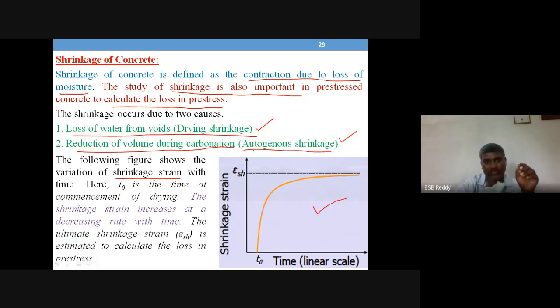There is a graph drawn here, time versus strain. As time progresses, the strain values are becoming constant. You can see this is the strain at the initial stage, and after some time, this is the strain value.